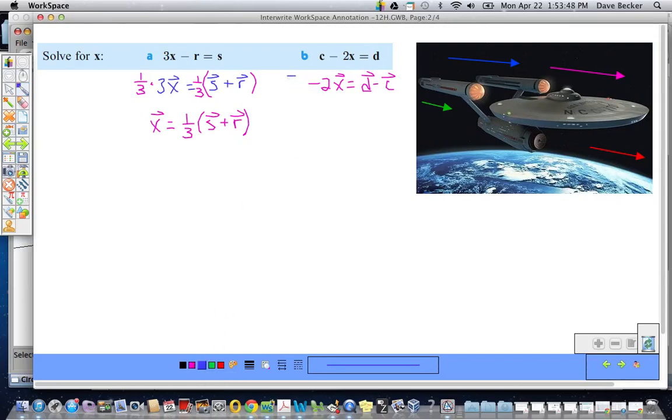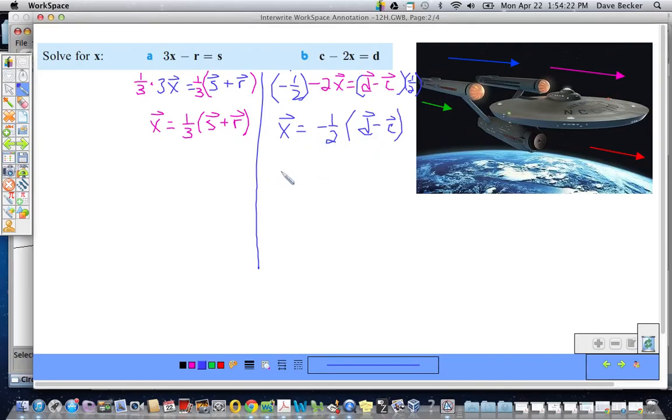Negative 1/2 times negative 2x, times negative 1/2, just squeeze it in there. Okay, and what do we get? We get, divide that up so it's not confusing, negative 1/2 times negative 2 is positive 1, so vector x is equal to negative 1/2 times vector d minus vector c.